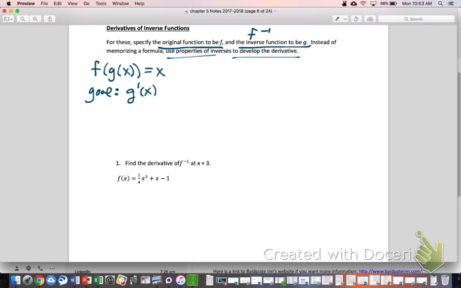So if we're going to be finding the derivative of g, and I've got this f of g of x equals x thing, then I'm thinking a good idea might be to find the d/dx of that whole equation. So I'm going to write d/dx of the left side equals d/dx of the right side.